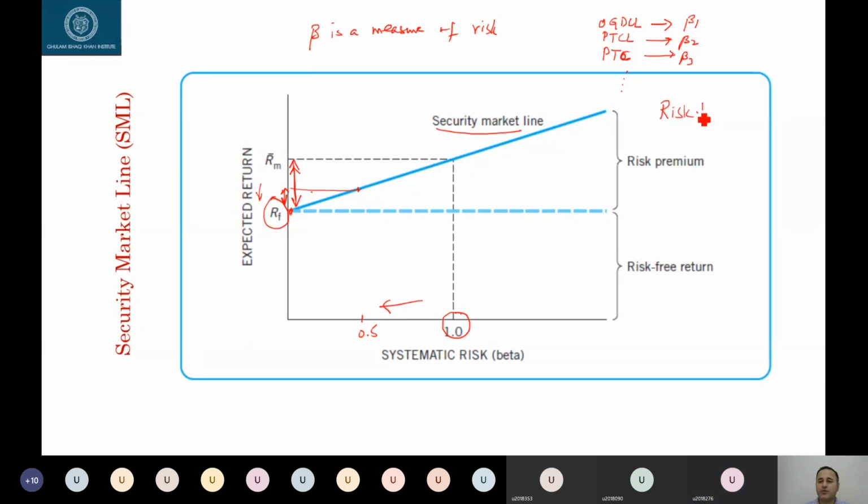If risk goes down, premium goes down. And vice versa. If risk goes up, premium goes up as well. Here, let's say the beta is 1.5, and if I see here, as a result, your risk premium is this much.